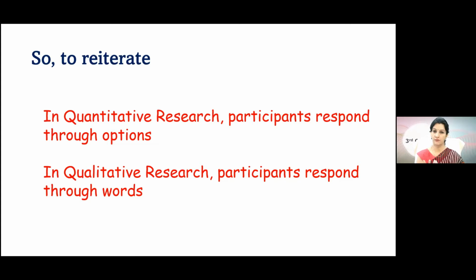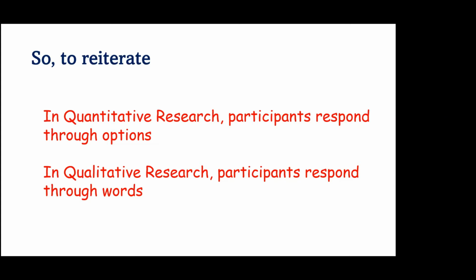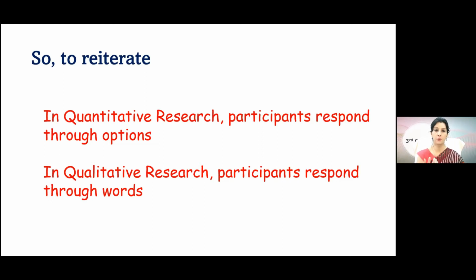So words are very powerful. That's how, if you have the words of the people, because it's the world view in qualitative research, you know that it is multiple realities, not a single reality. So there will be multiple perspectives in any qualitative research, and that's why you should have the words of each and everyone. Then only will you be able to capture those multiple perspectives.